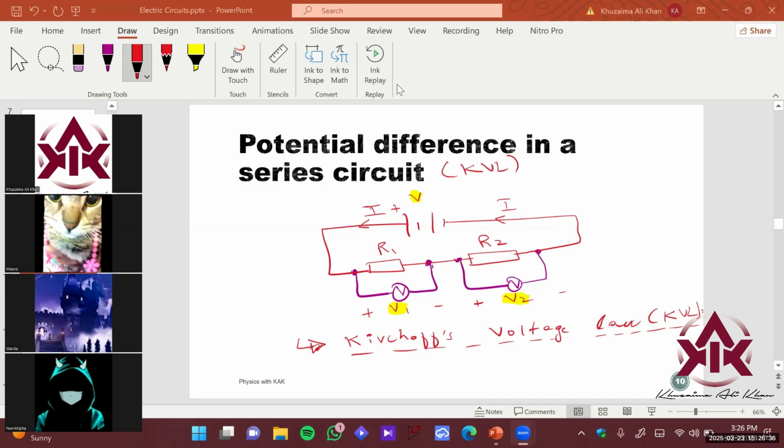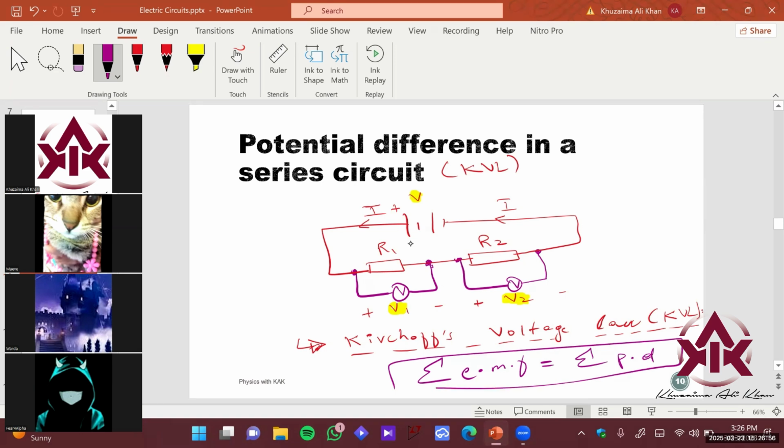So it's pretty simple. It is saying the following thing: the sum of EMF is equal to the sum of potential differences. Which thing is producing EMF?